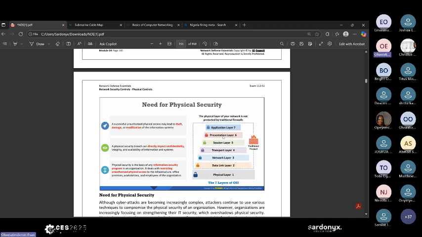So, what is the need for physical security? A successful unauthorized physical access may lead to theft, damage, or modification of the information systems. A physical security breach can directly impact the confidentiality, integrity, and availability of information and systems. Physical security is the basis of any information security program in an organization.